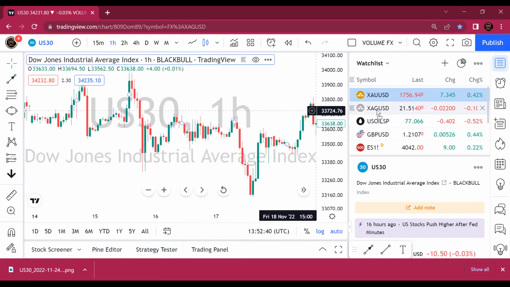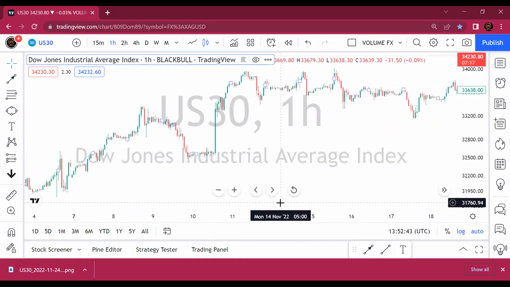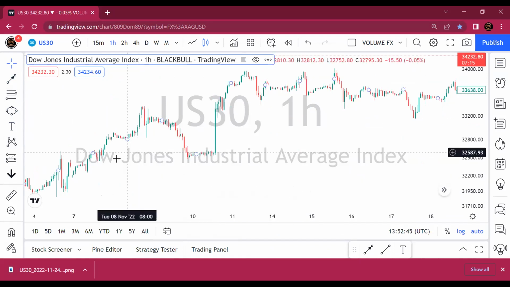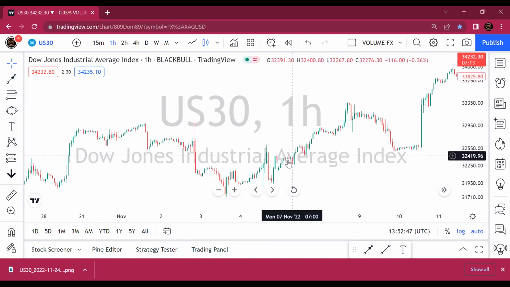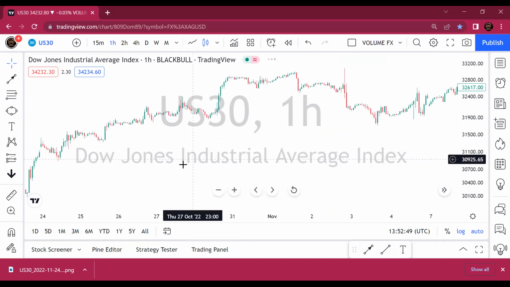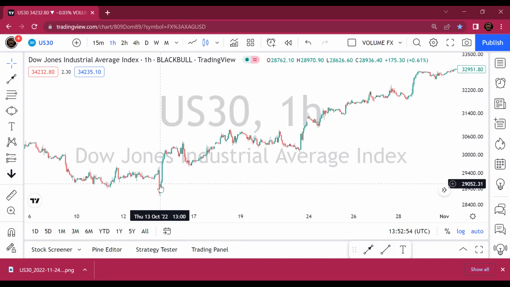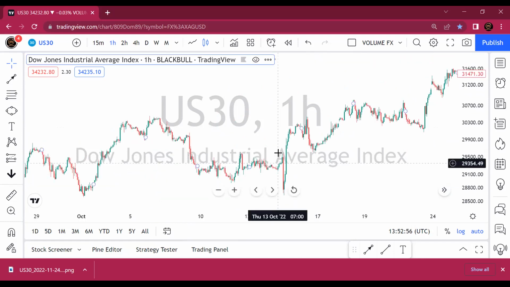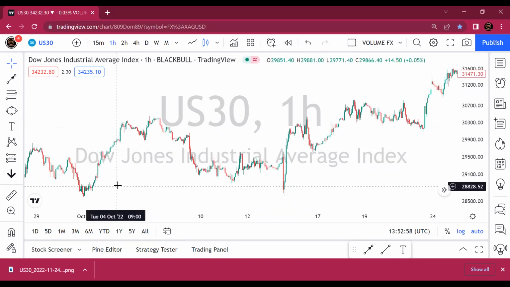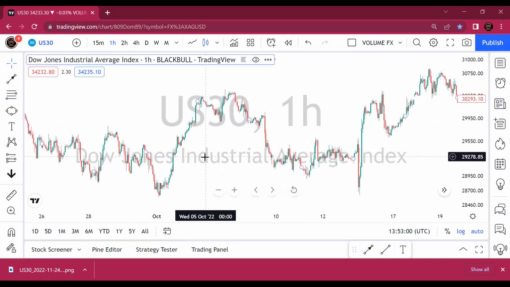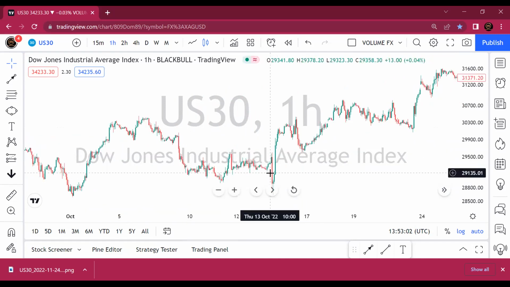Then I'll come here. Let me zoom in so that I can have a wide area of view. I think this is not a morning star. A morning star should not have those big bodies.